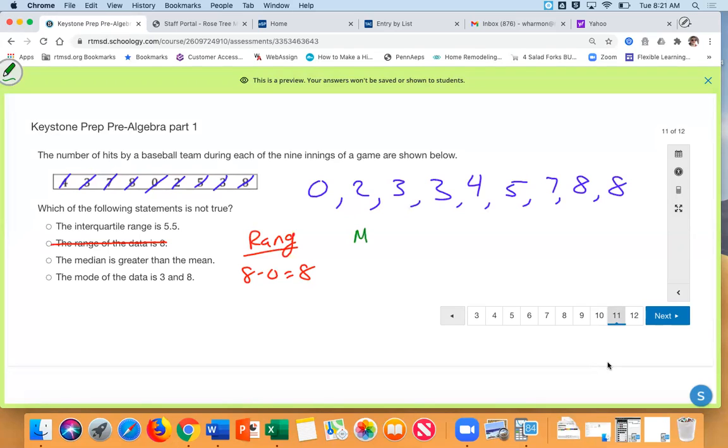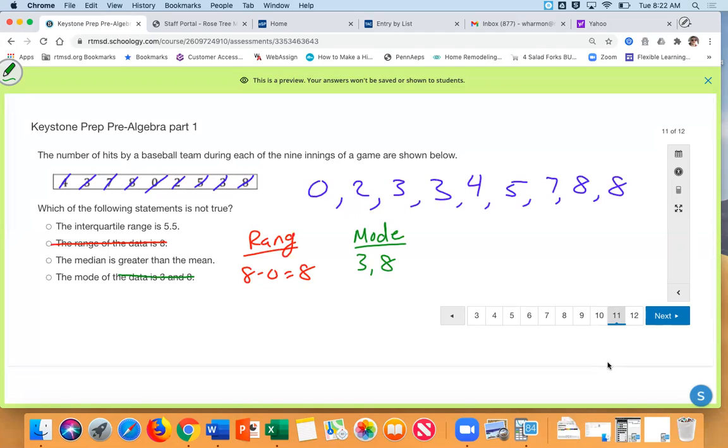Mode. Anybody know what mode means? Mode is the number that occurs the most. Mode, most. So which number occurred the most? 3 and 8. So the mode of the data is 3 and 8.